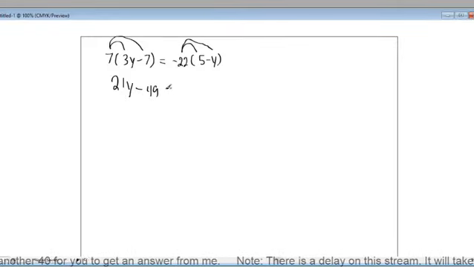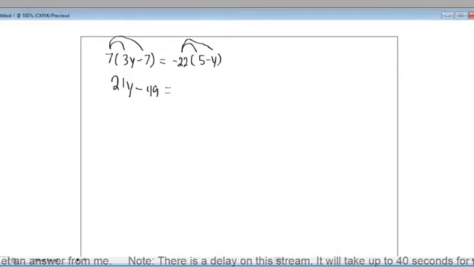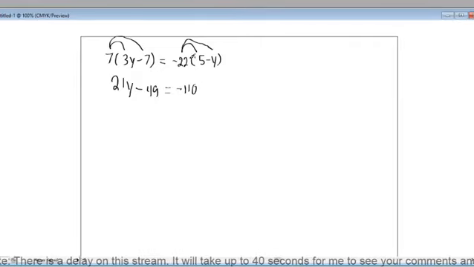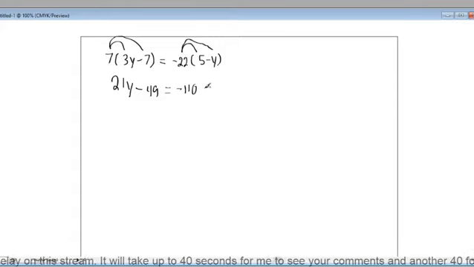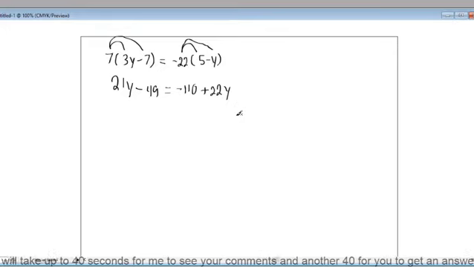Then on the other side, negative 22 times 5 is negative 110. And then negative 22 times negative y is positive 22y. All right. So we've got those parentheses out of the way.